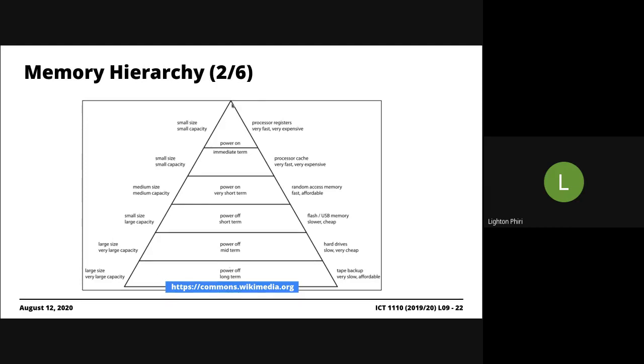Size or capacity increases as you move down the pyramid, and you'll be able to retain the data even if you are not supplying power to the component. But for primary memory, things like RAM, CPU cache, registers, the moment you switch off the machine, gone.